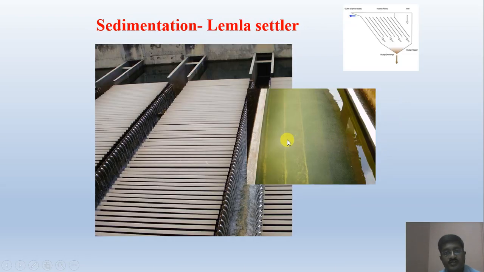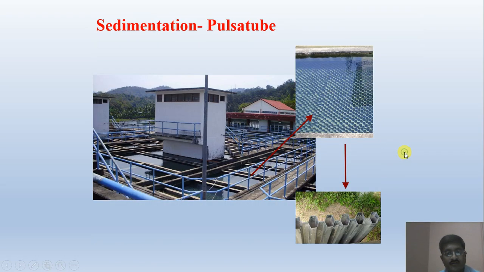In sedimentation there are also various configurations. We are going to study this afterwards, but today I will introduce it. There are various settling tubes and settlers. This is one sedimentation type, a lamella settler, where inclined plates are provided, and because of the angle provided, particles settle down earlier.